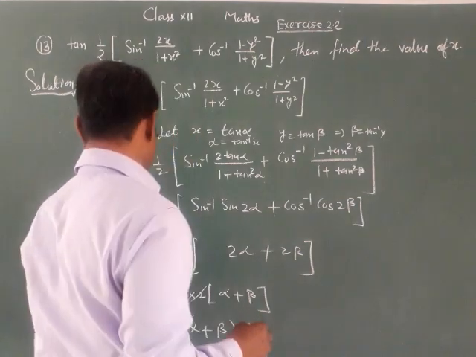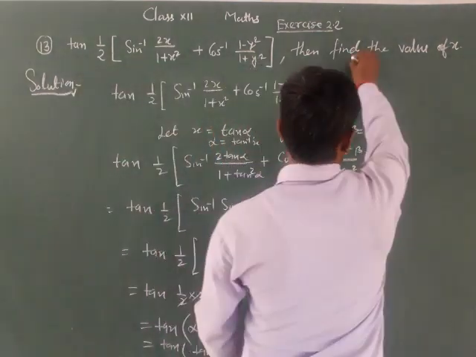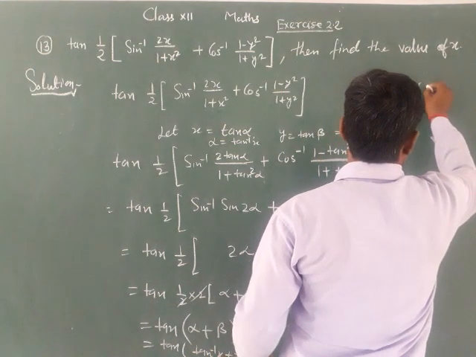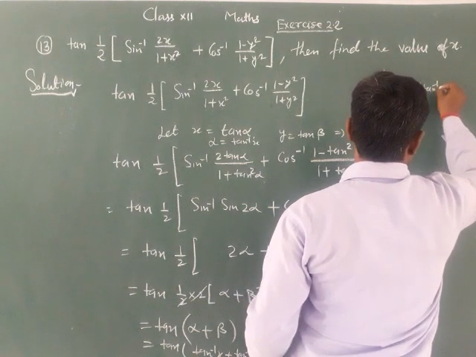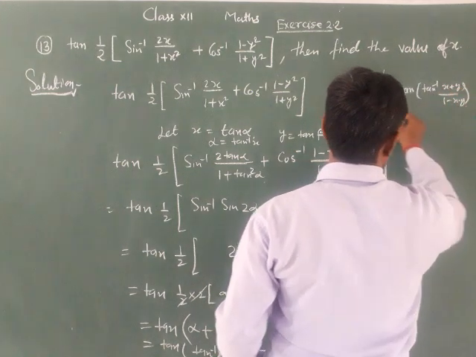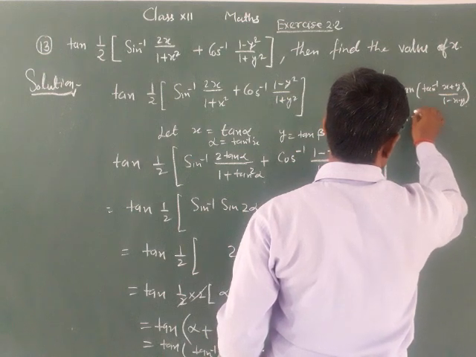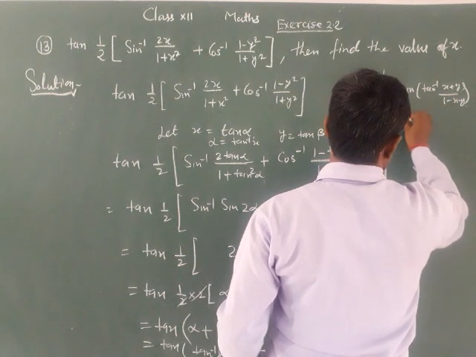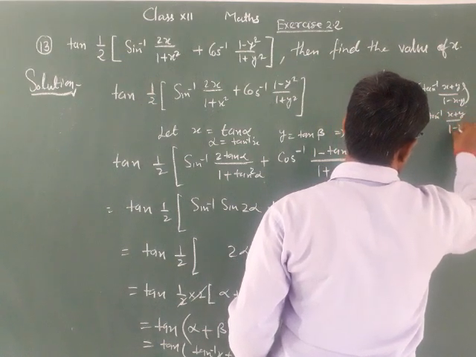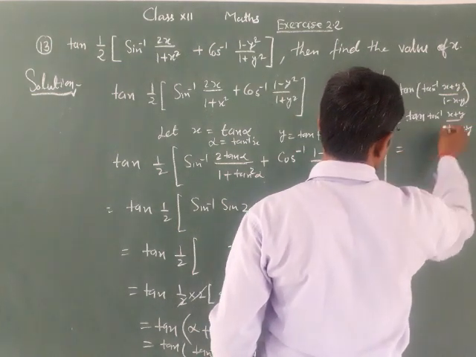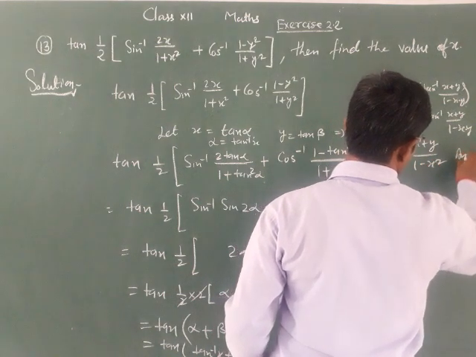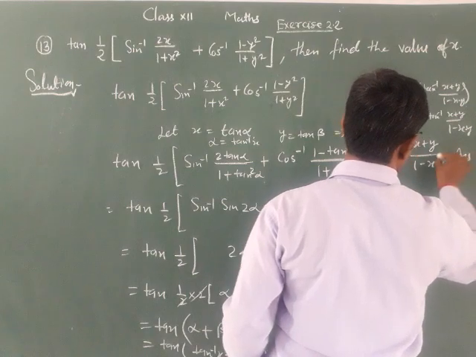This is the formula: tan⁻¹x + tan⁻¹y is equal to tan⁻¹((x+y)/(1−xy)). So tan⁻¹ and tan cancel out, giving (x+y)/(1−xy). This is the answer.